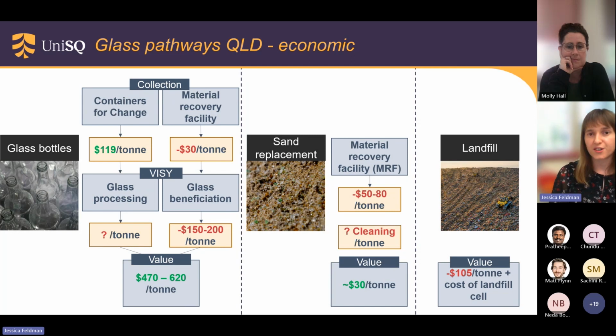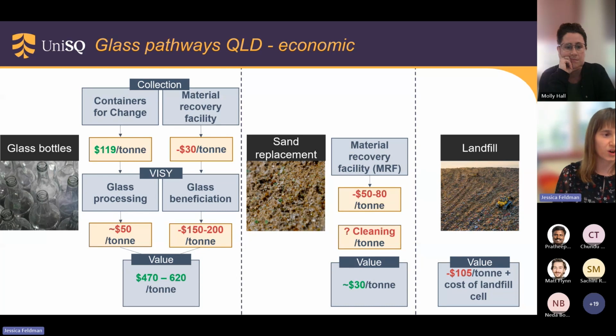Glass beneficiation of that highly contaminated glass cullet is about $150 to $200 per tonne. It's also assumed that containers for change glass will have to go through some processing, which based on the different purchasing prices at those glass beneficiators is assumed to be about $50 per tonne. You can see that it still is quite economical to go through this way.